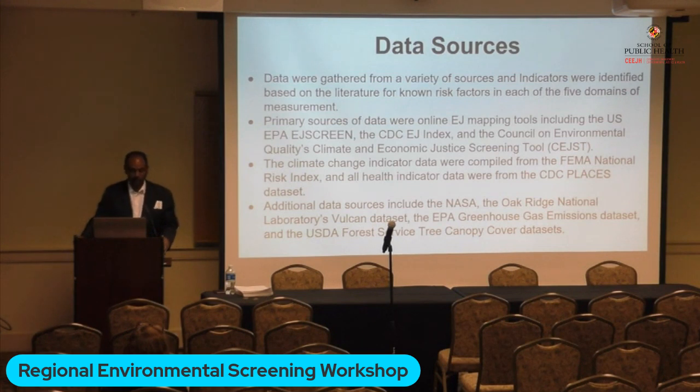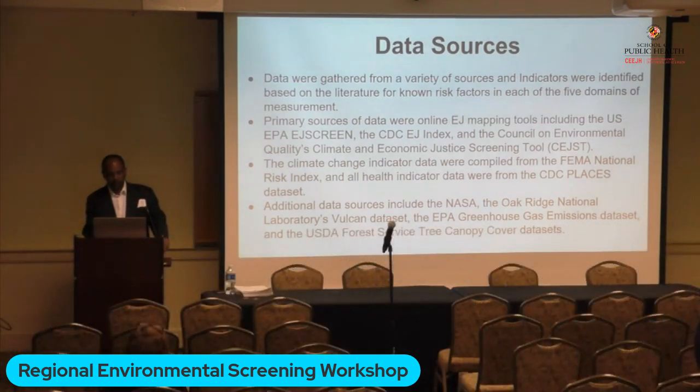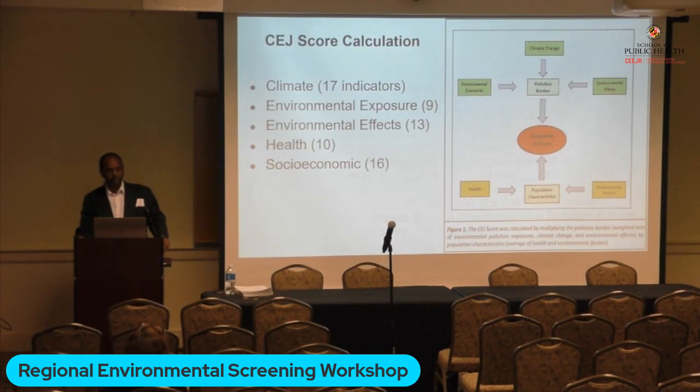We also collected data from NASA, from EPA greenhouse gas emission datasets, USDA Forest Service, and tree cover. Just to summarize how many indicators and domains we used to develop this tool: climate 17, environmental exposure 9, environmental effects 13, health 10, and socioeconomic factors 16.